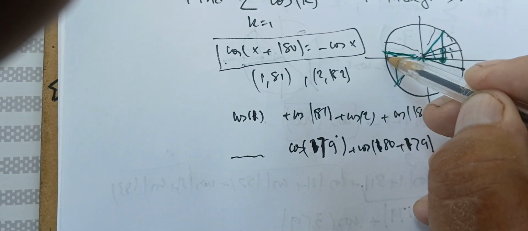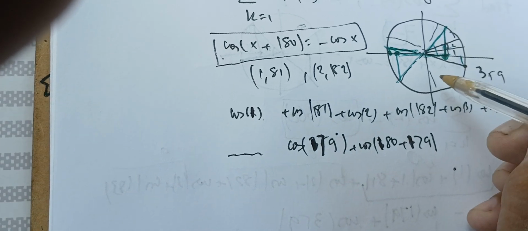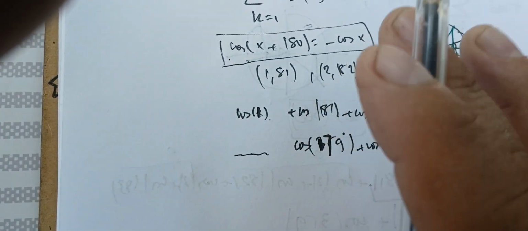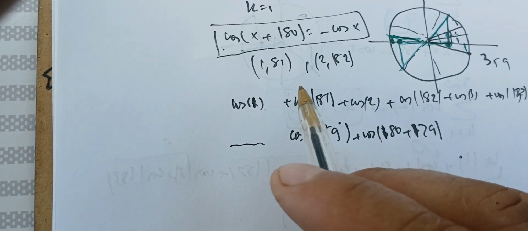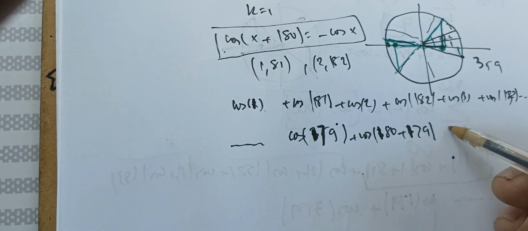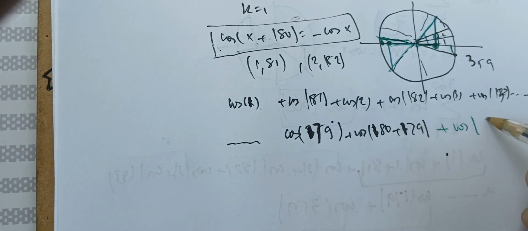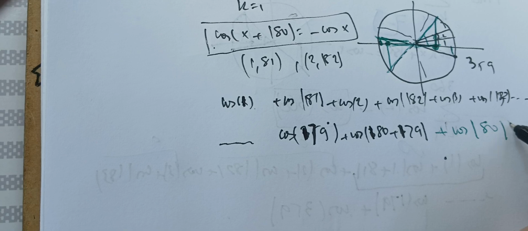The cosine here is negative, the cosine here is positive. So we missed one angle that we couldn't find a pair with. It's 180. So here, plus the cosine of 180. So we did all of them except this number here.